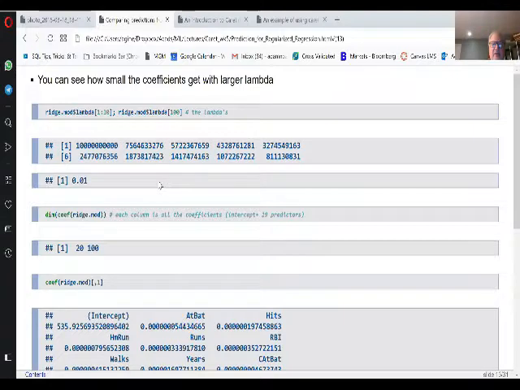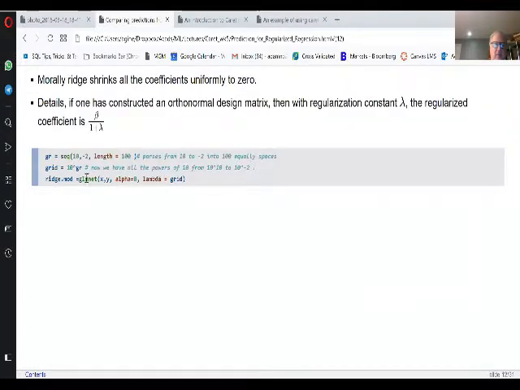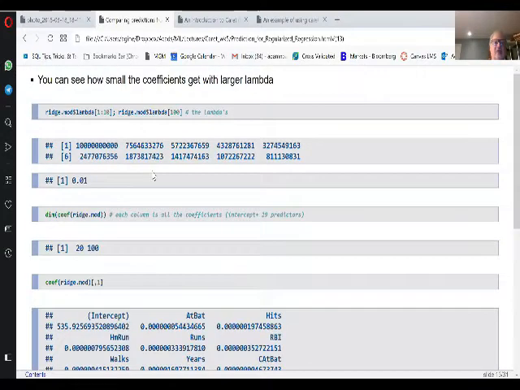Now, just to give you some feel for these things, I want to go through some of the output. So remember, ridge.model is the object created by glmnet. And our functions create objects. It's an object-oriented language. And so we can see that these numbers get smaller and smaller. And the last one, as promised, remember, we went to 10 to the minus 2, which is 0.01.